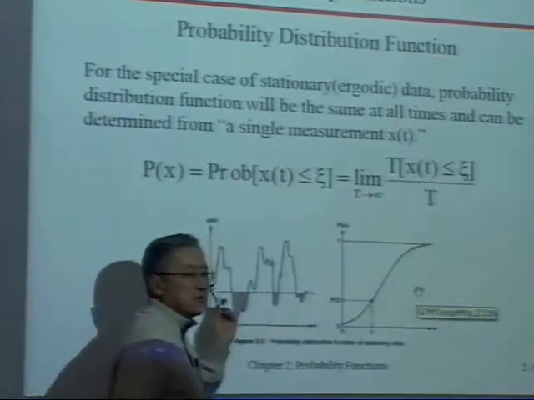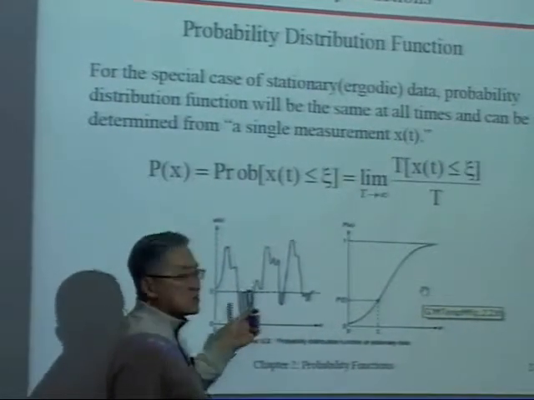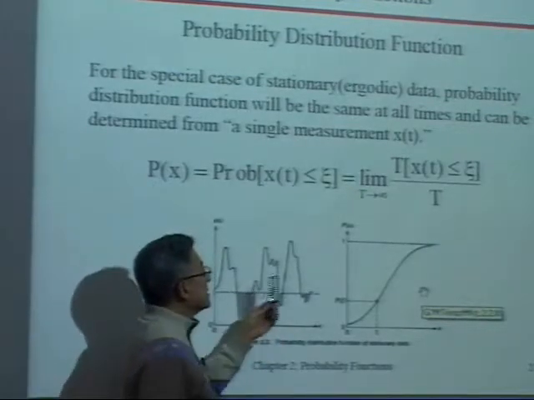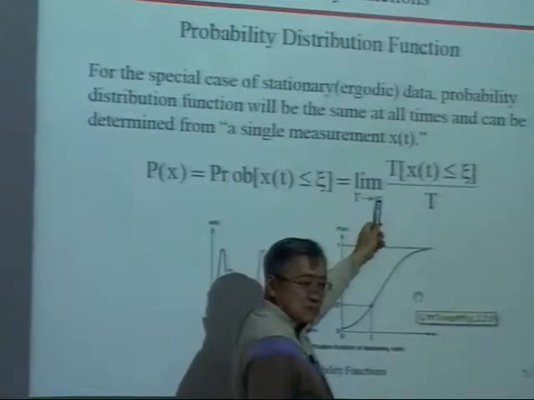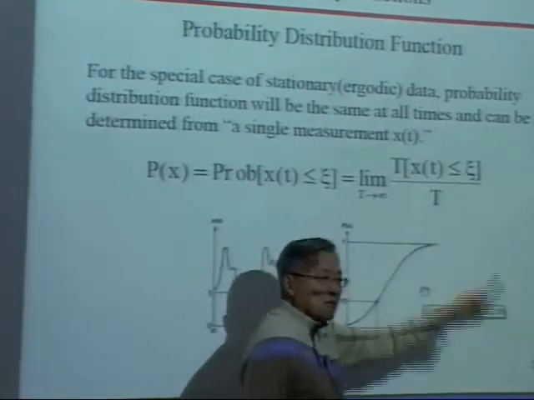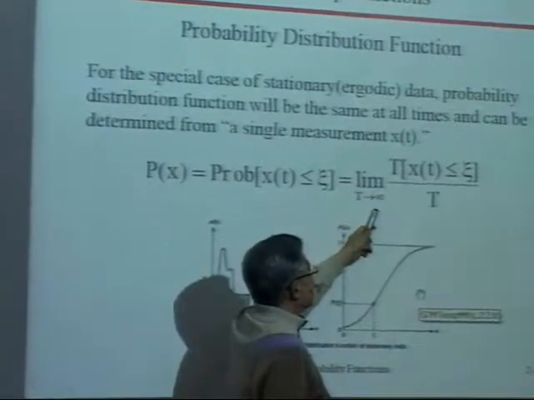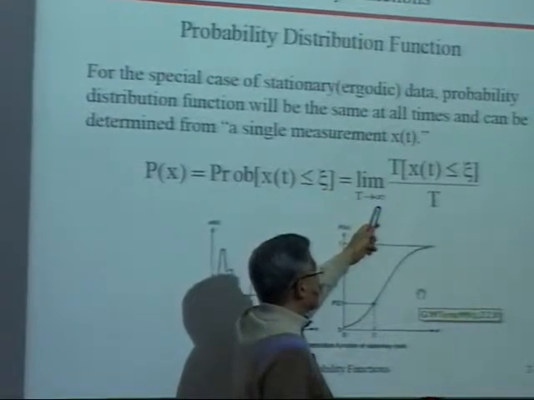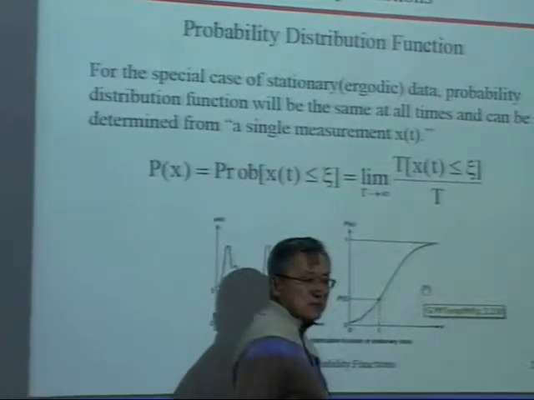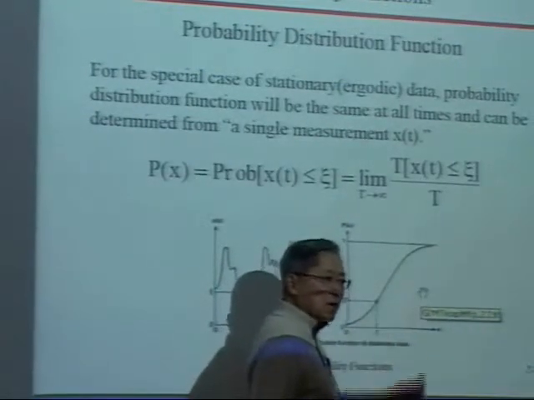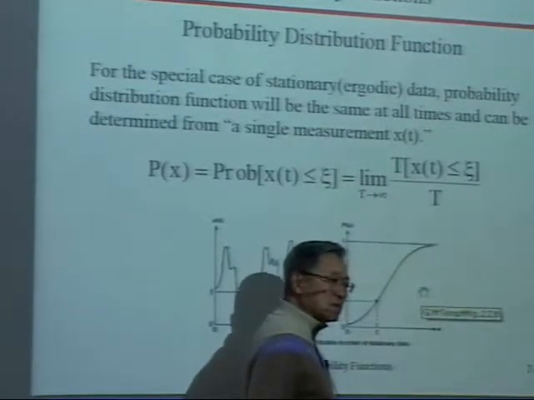So when you're dealing with just the sample record, which is an ergodic process, then I can deal with the limit as T goes to infinity, approaching a larger time in this case. As I mentioned this afternoon, if I say 100 seconds is too short, then 1,000 seconds, 10,000 seconds, for example.